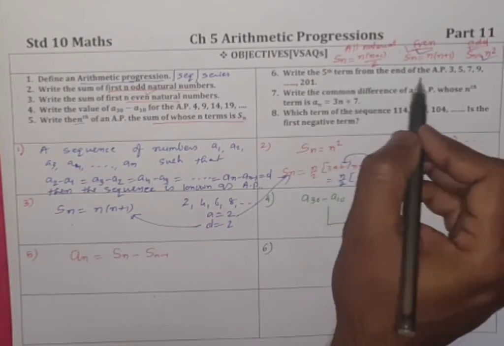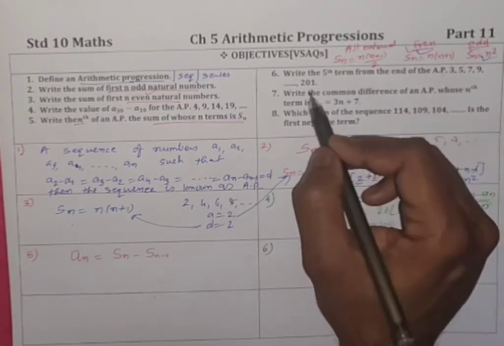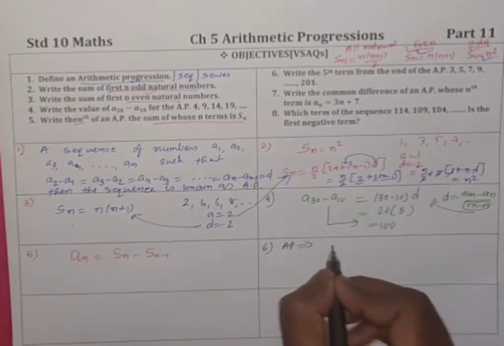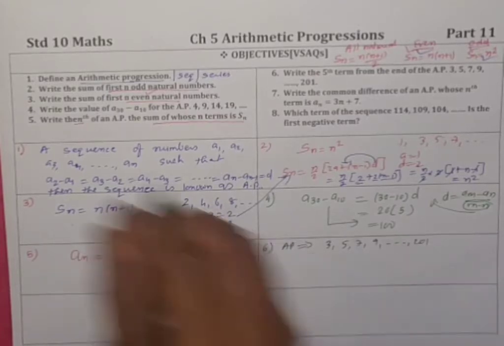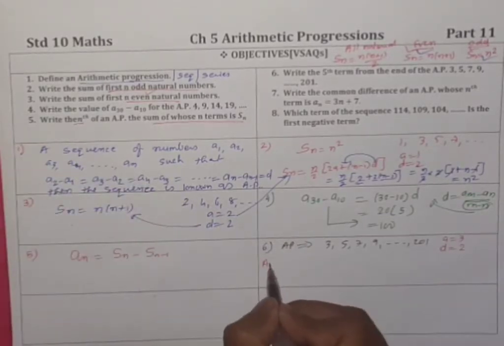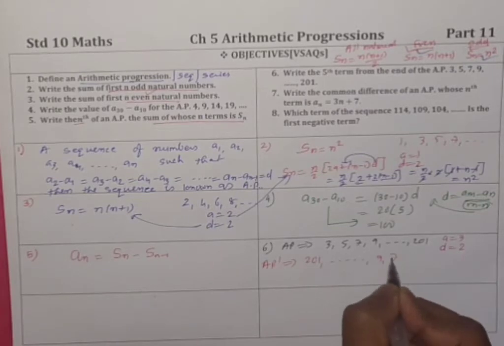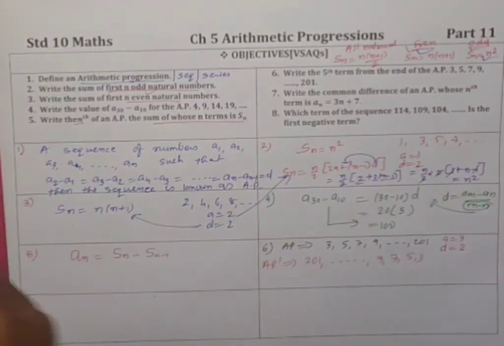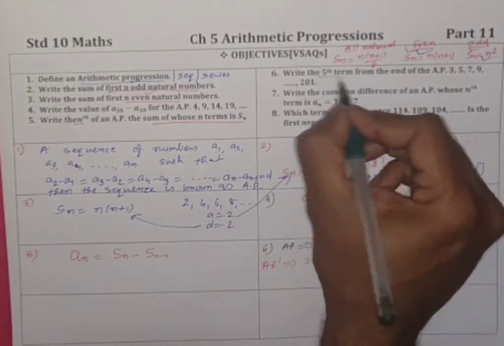Write the fifth term from the end of the AP 3, 5, 7, 9, ..., 201. So the AP is 3, 5, 7, 9, ..., 201. Children, here A is 3 and D is 5 minus 3, that is 2. Now I am going to write AP dash, which is in reverse order: 201, ..., 9, 7, 5, 3. Here A dash is 201 and D dash, which was plus 2, becomes minus 2. You are supposed to find the fifth term from the end.